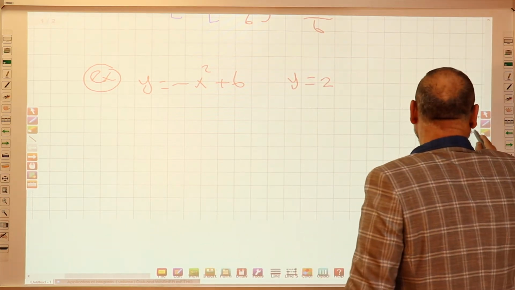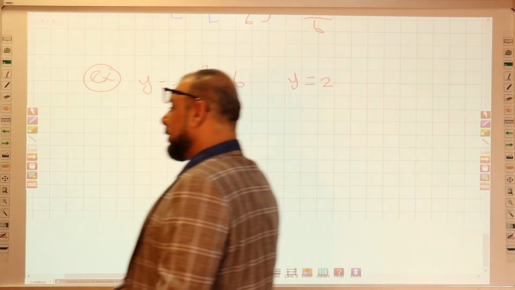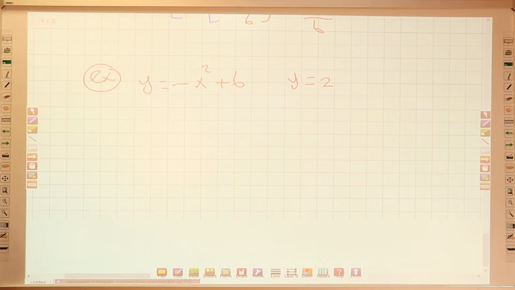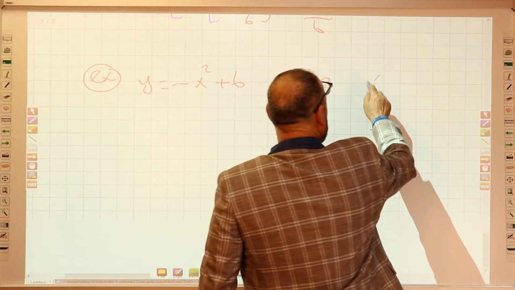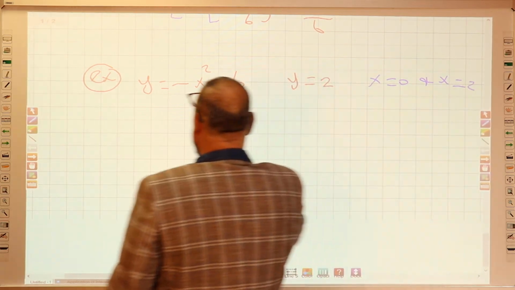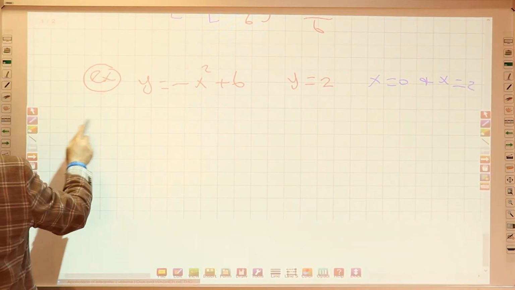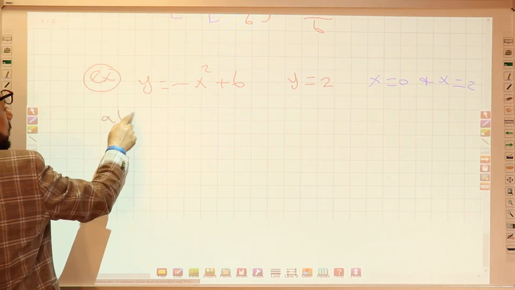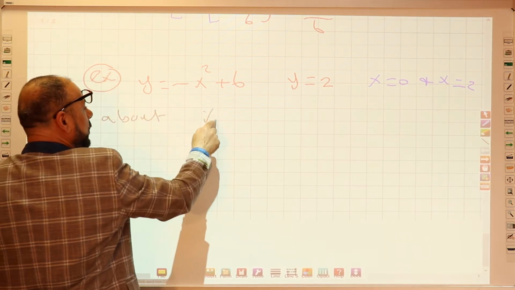My limit of integration is between x equal 0 and x equal 2, about x equal 3.